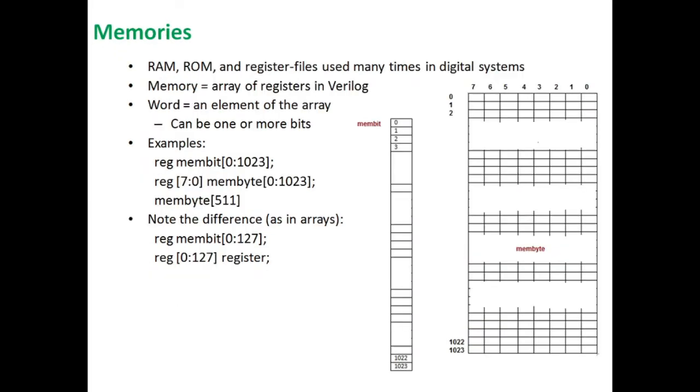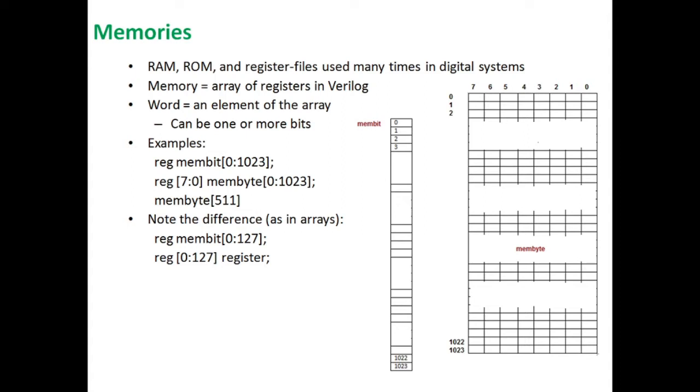Then what are these memories? The hardware designers use the Verilog hardware description language to design sequential or combinational circuits. Apart from it, they have a task to design the register files also.